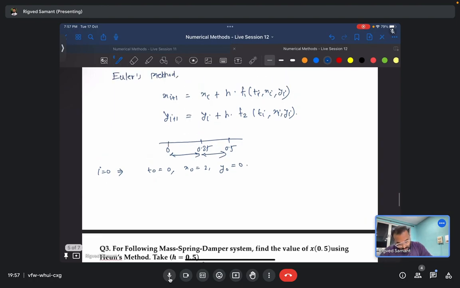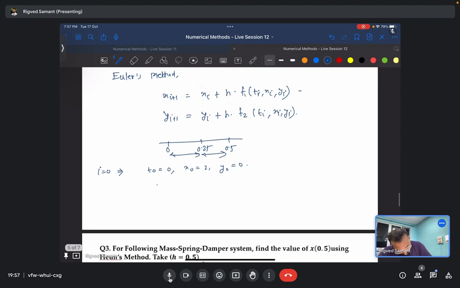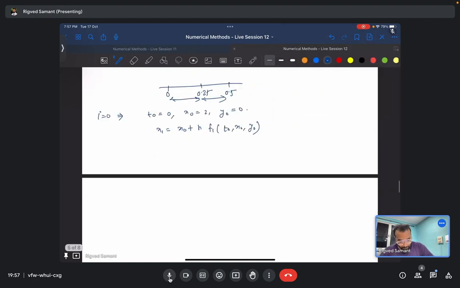So because i is equal to 0, this equation becomes x1 is equal to x0 plus h into f1 of t0, x0, y0. What is x0? x0 is 2, h is 0.25, into f1 of t0, x0, y0.